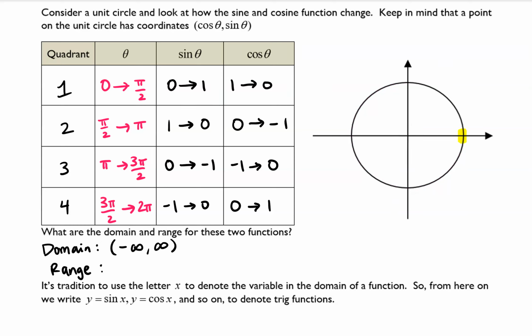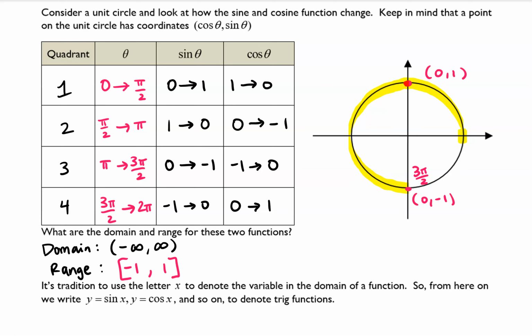If I'm starting at 0 and going around, the maximum possible value for sine is at the point 0, 1, and the highest value would be 1. The lowest y value occurs at 3 pi over 2, at the terminal point 0, -1. So -1 is the smallest output value.